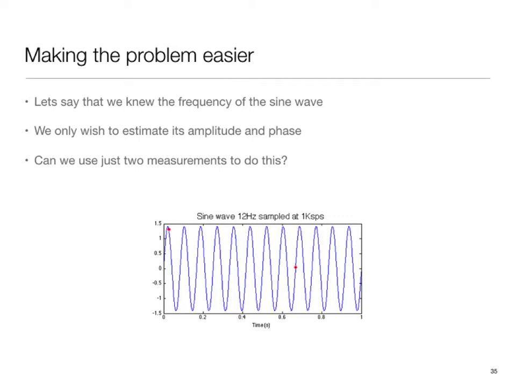Okay, so I can, in principle, take two measurements and get away with it. The only problem is, if I'm unlucky, then these two measurements may not be terribly informative. Because if the two measurements happen to fall at the same point in the waveform, then they are not going to add any informational value to me. So these two things have to be appropriately located.